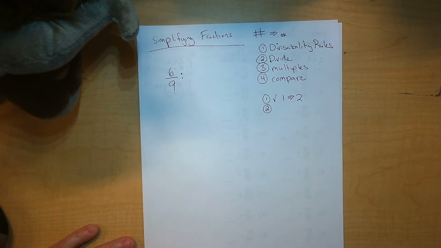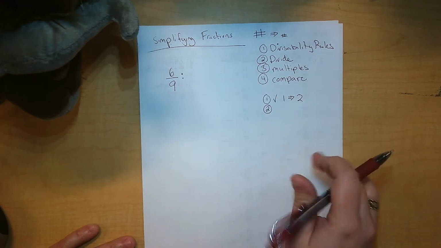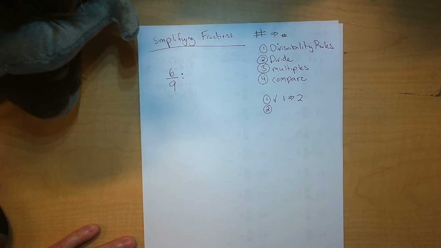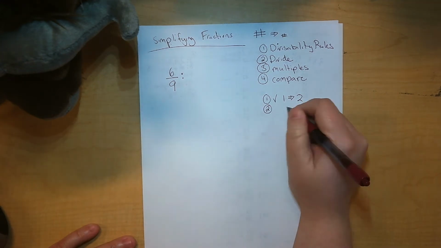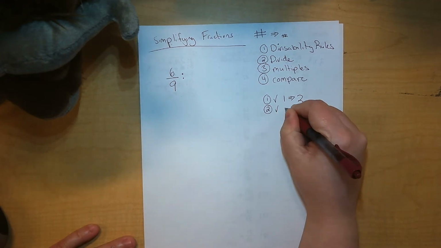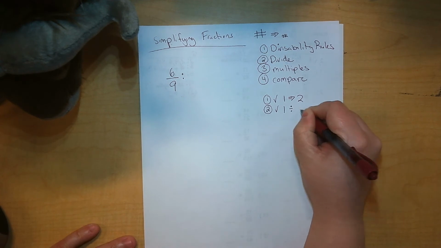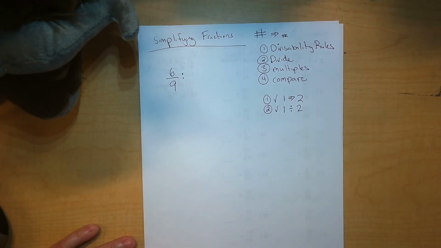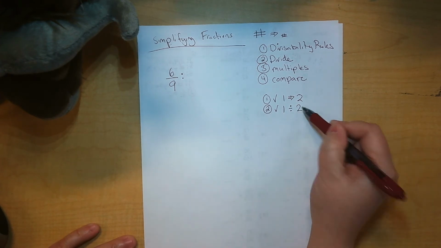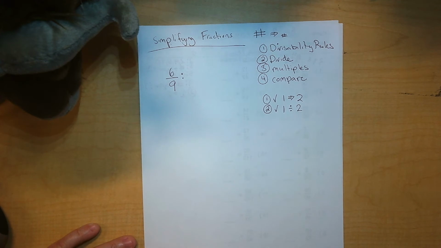The second thing we can do is look at them and see if one number will divide by the other number. Check to see if one number can be divided by another number. Can 9 be divided by 6? No. Can 6 be divided by 9? No. So one number cannot be divided by the other number.